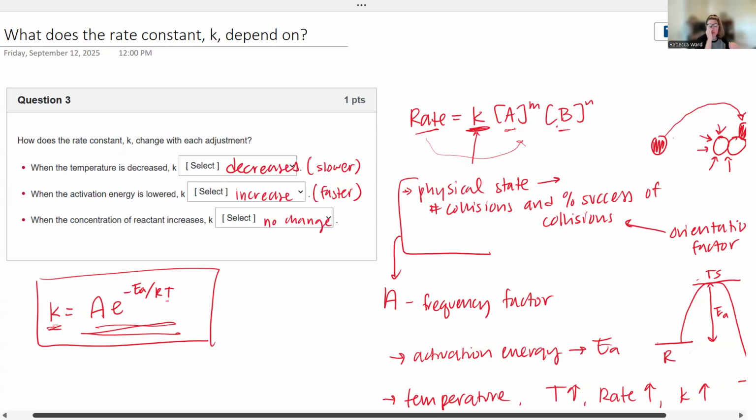I think you have the intuition for it, but a lot of students, I see this as a very common error on the exam, are tricked into answering that that's going to have an impact on K, and it doesn't. So write down these equations, look at them on your equation sheet, and be like, K does not depend on concentration. I'm not going to answer that there is a connection between K and concentration. You're not going to do that. This is your reminder.